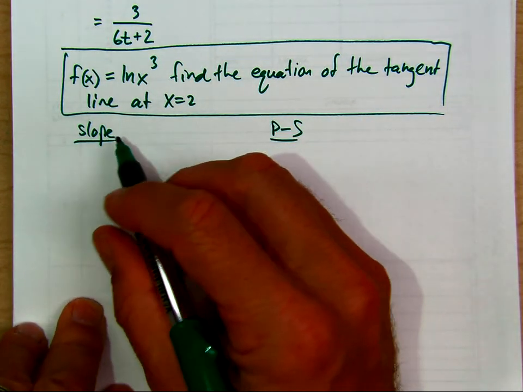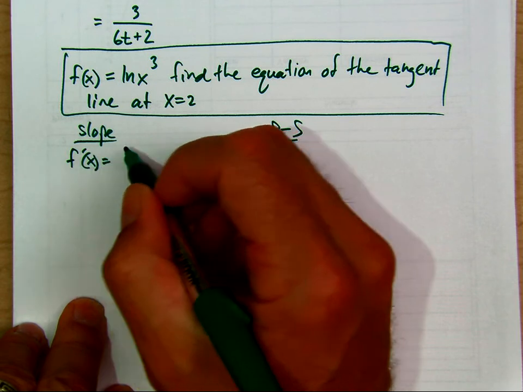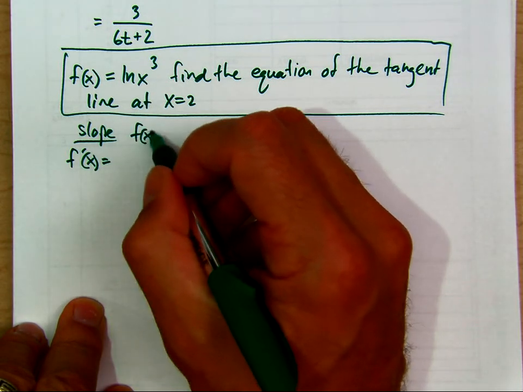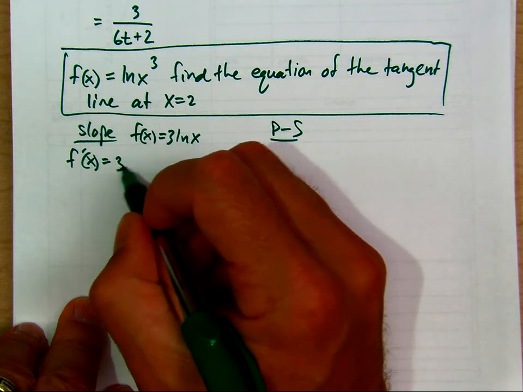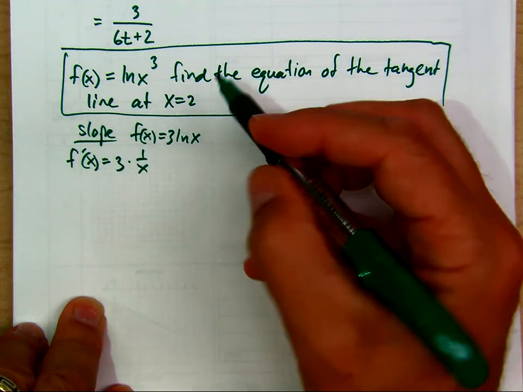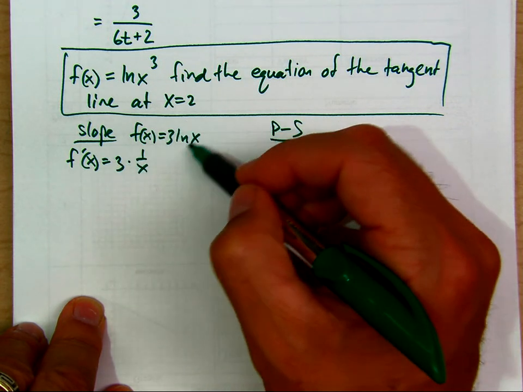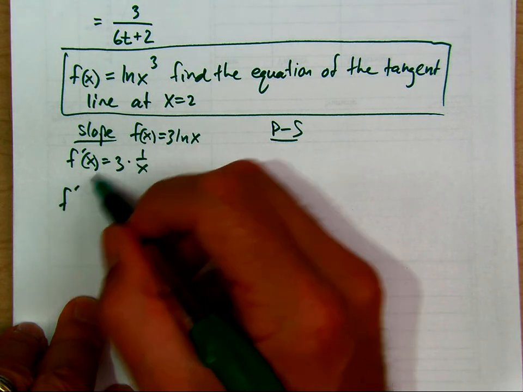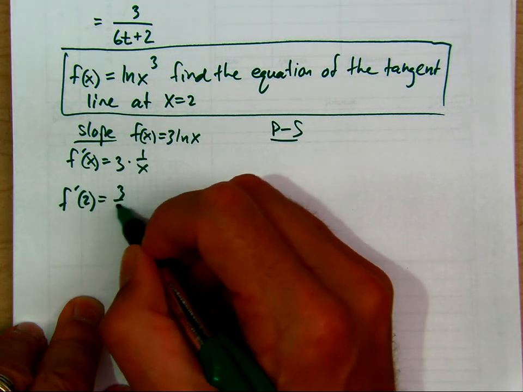So we need the slope at 2. That means we need the derivative, and why don't we rewrite that as f(x) = 3 ln x. So now we have 3 times 1 over x. The derivative of this, we're just going to copy the 3. The derivative of natural log of x is 1 over x. We have the derivative, and then we need to evaluate it at 2. So that's going to be 3 over 2.